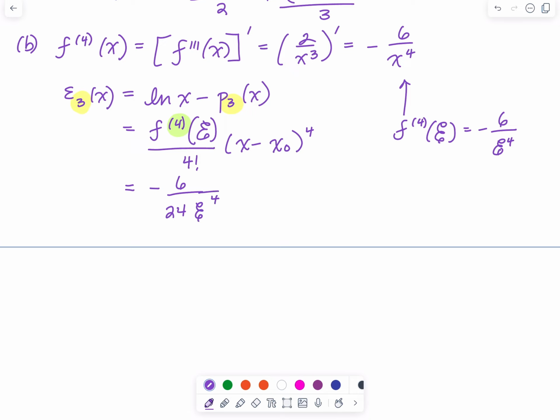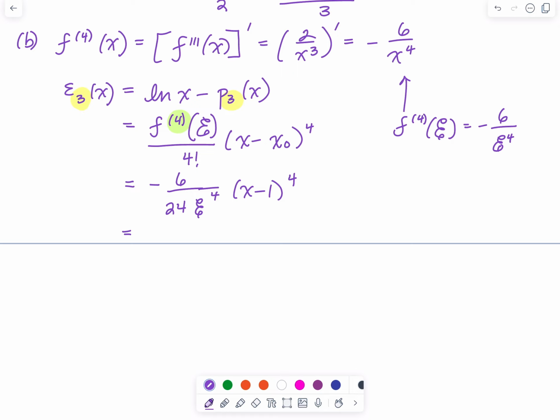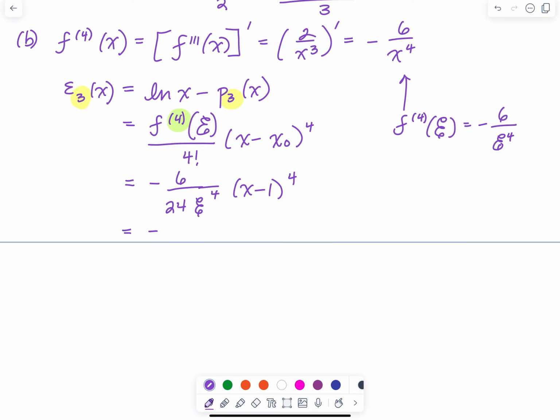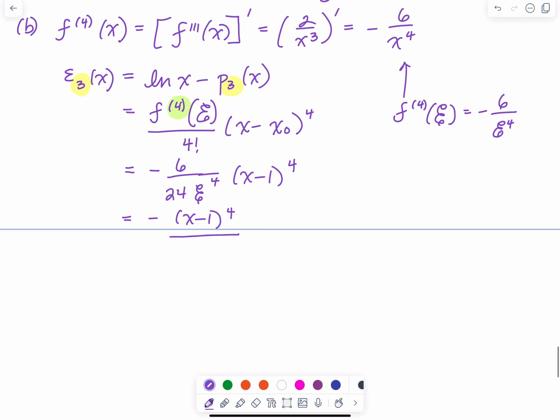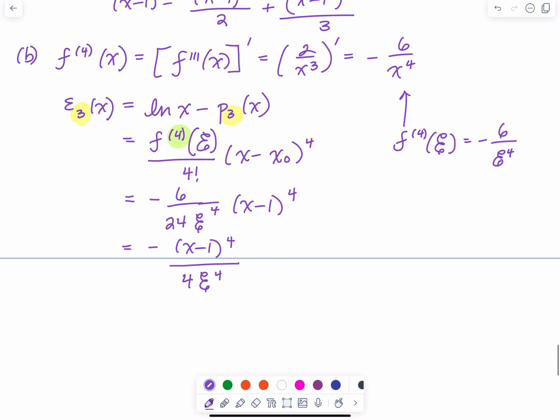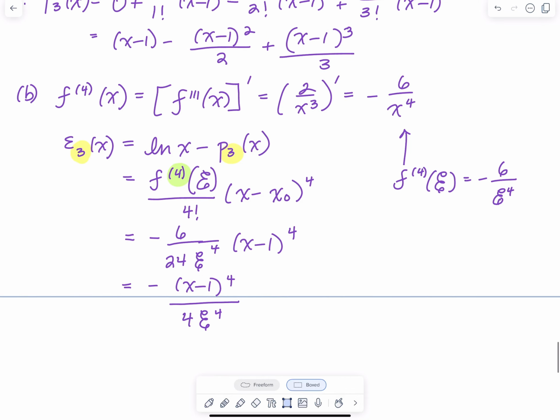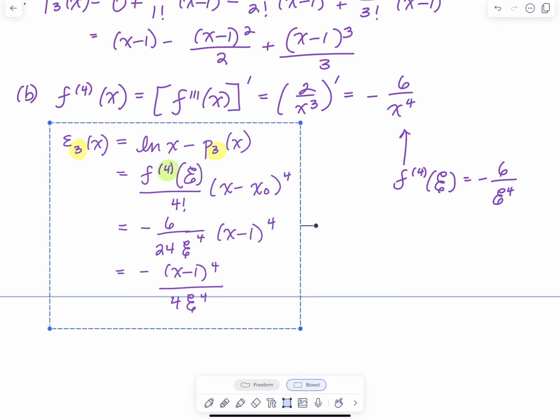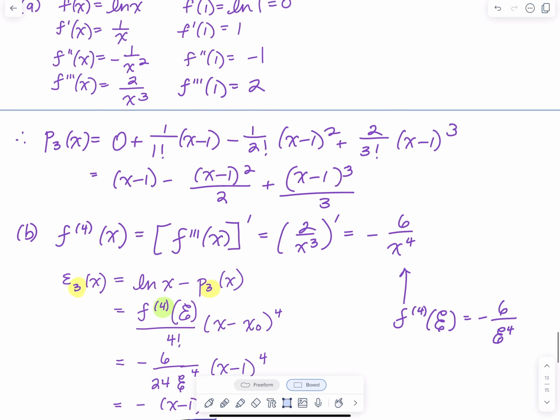Then we'll multiply by x minus 1 to the fourth power, and we come up with the opposite of x minus 1 to the fourth power divided by 4 xi to the fourth power. Okay, see if I can make that just a touch smaller so we can fit that in there.